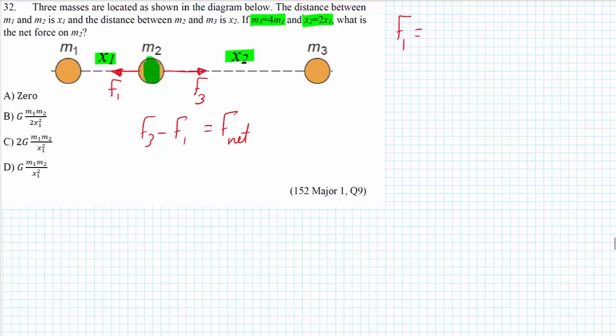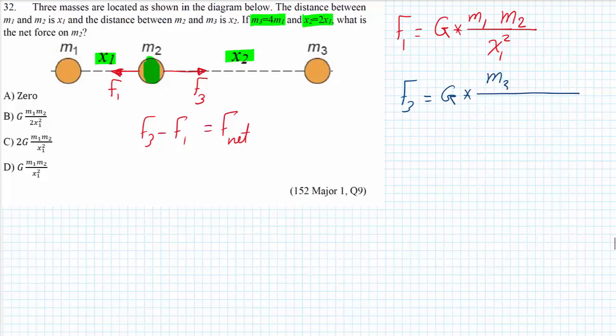Let's start with F1. The gravitational force F1 is big G times the mass M1 times the mass M2 divided by the distance in between squared, which is x1 squared. Then the second force, F3, is big G times the mass M3 times the mass M2 divided by the distance in between squared, which is x2 squared.